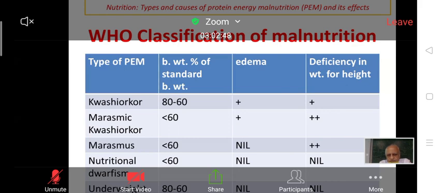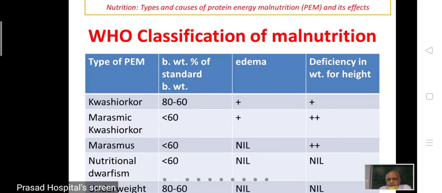Edema is seen, and a deficiency in weight for height, that means there's a change in the standard height and weight relationship. If that is also seen, then it is kwashiorkor. Marasmic kwashiorkor. Then go to marasmus.